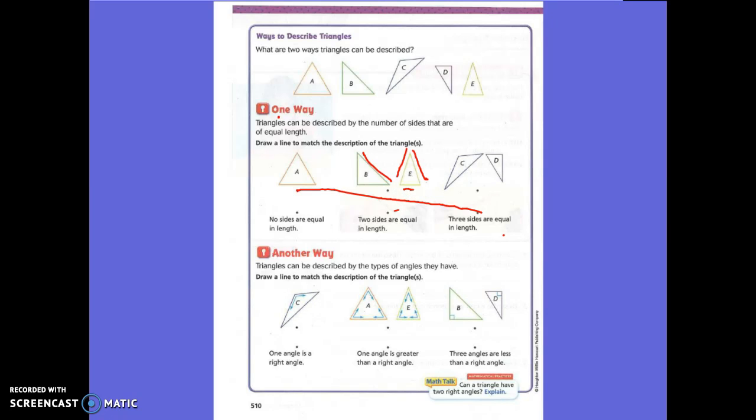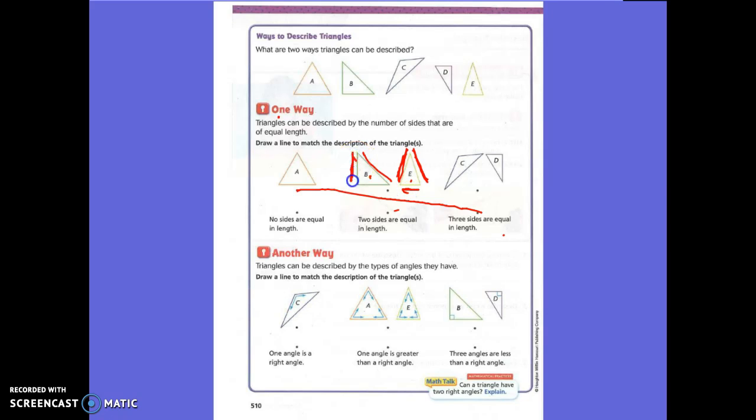Right? However, does B and E have no sides that are equal, or do they have two sides that are equal? I mean, look at E. To me, E has two sides. This side and this side are equal. This side is not.